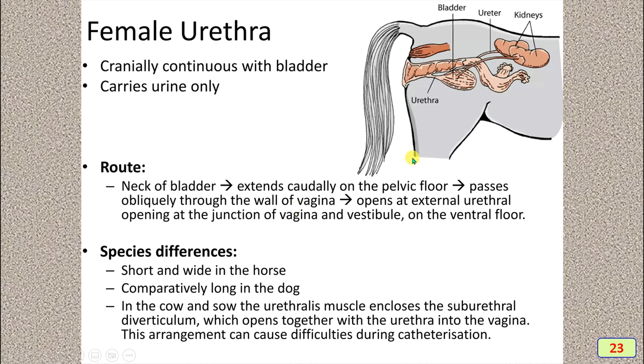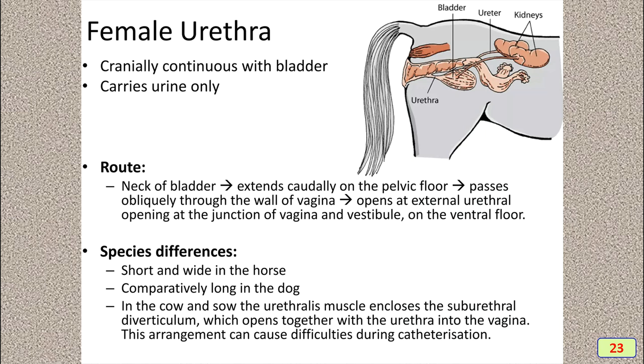So the female urethra is very similar to the male urethra, but it is shorter in the case of the dog. The bladder has a neck, extends caudally on the pelvic floor, passes obliquely through the wall of the vagina, and opens at the external urethral opening at the junction of the vagina and vestibule on the ventral floor.